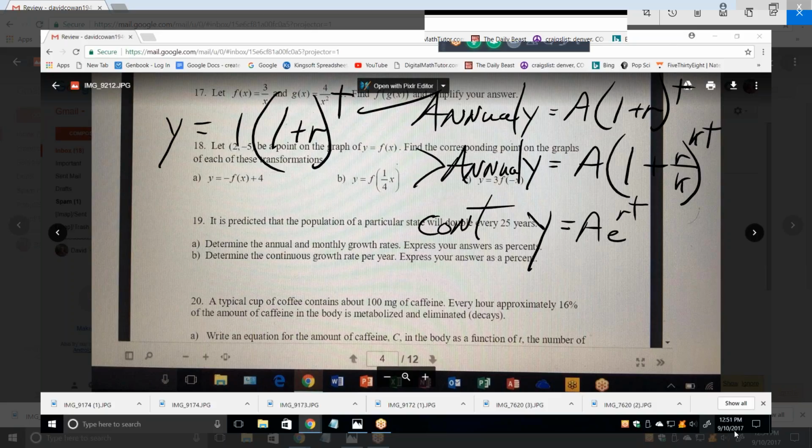I'm going to start with 1 because that makes it the easiest to do the math. So if it doubles every 25 years, fill in the variables for me here. What's y going to be equal to in 25 years? This is what you started with.